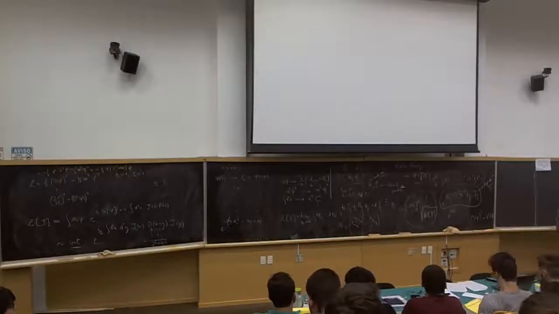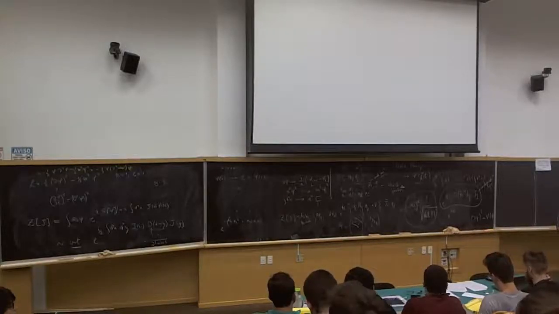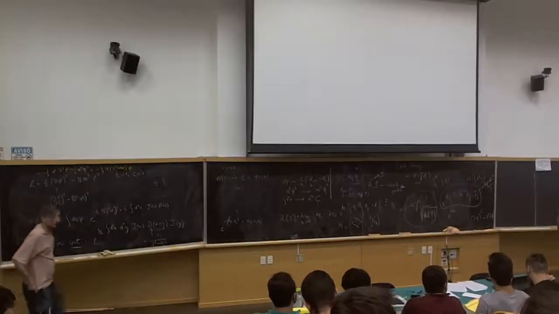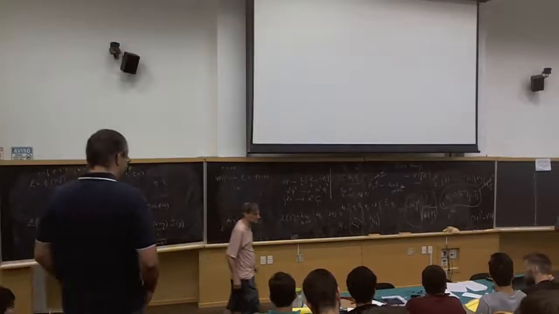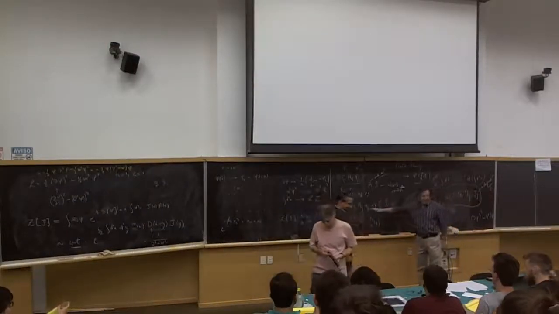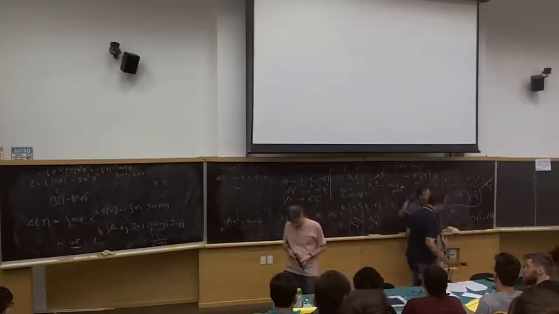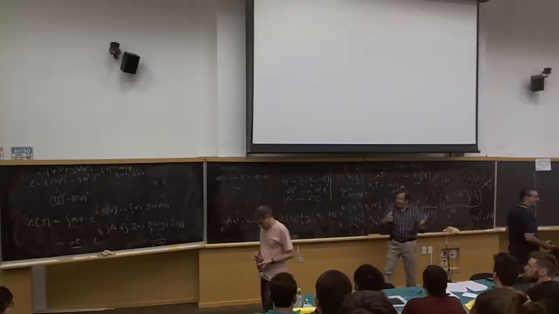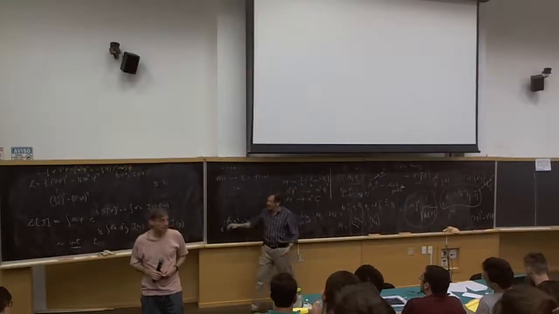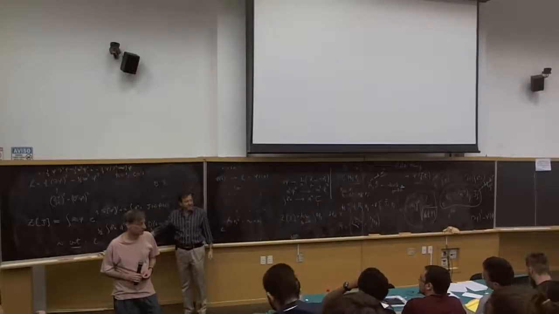Questions? Too much stuff? As I told you, you have to get the ideas. Okay. First, the quantization of a classical field goes not through putting hats, it goes through summing over paths.